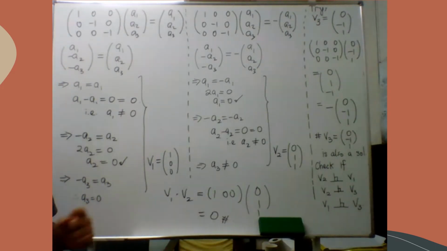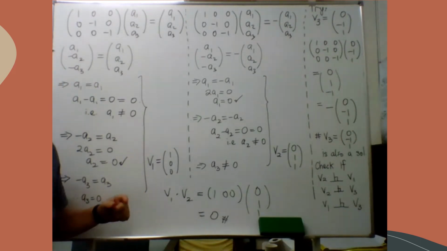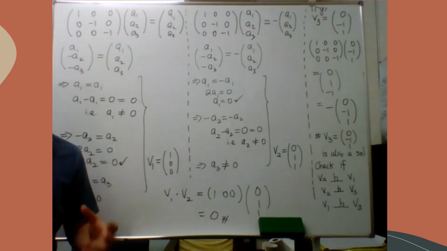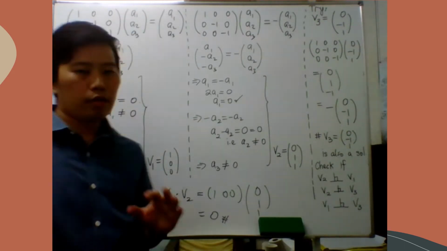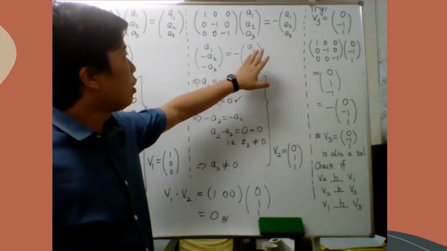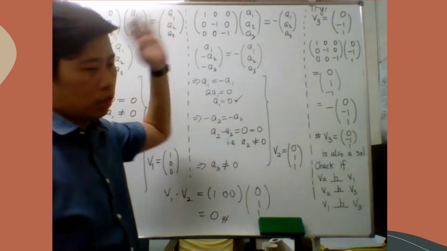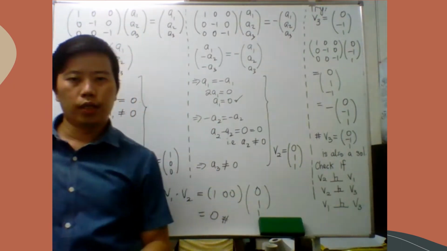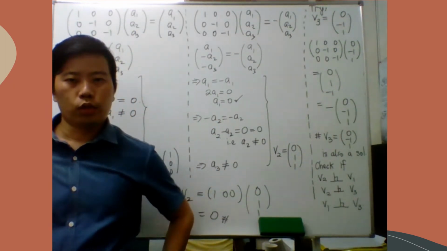But if you do use the Gram-Schmidt method in this case, you will see that it will lead you to v equals to 0, 0, 0, which is your null vector. So in this case, the null vector is not the solution that we want, because if you put a null vector over here, this is not going to be a solution for your eigenvalue equation.